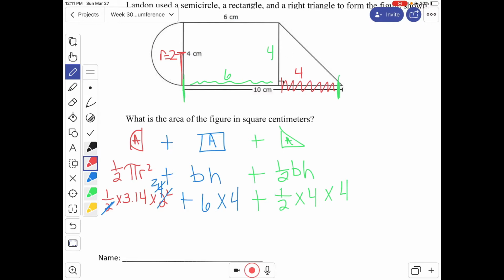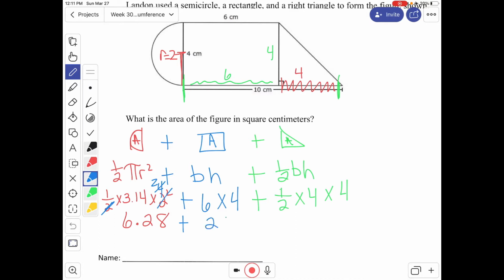So then I'm left with 3.14 times 2. 3.14 times 2 makes 6.28. All I did was multiply 2 times each one of those numbers, and I can kind of do that in my head, because 3 times 2 is 6, 1 times 2 is 2, and 4 times 2 is 8.